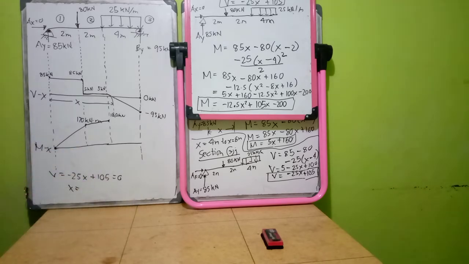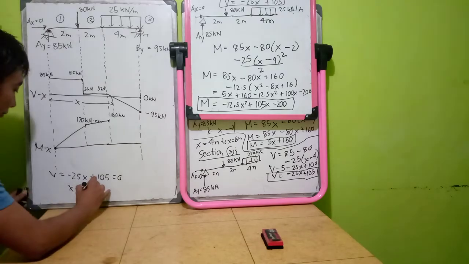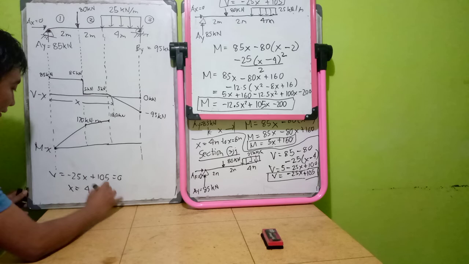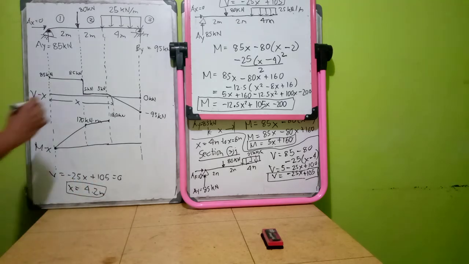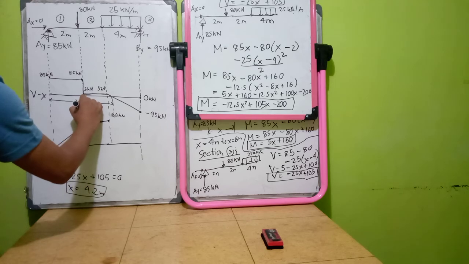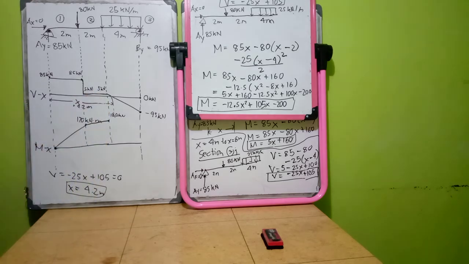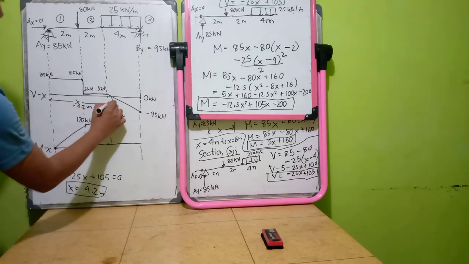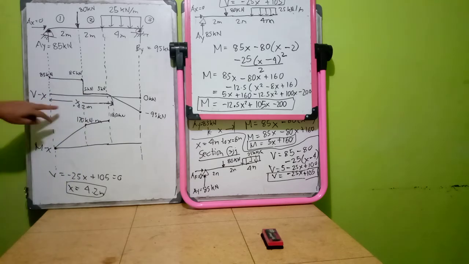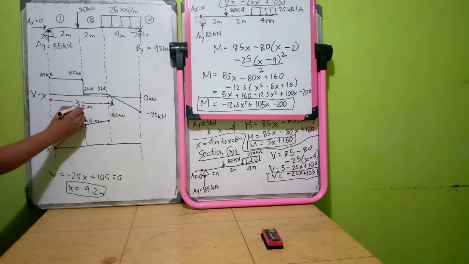Negative 105 divided by negative 25 is how much? 4.2 meters. So this is 4.2 meters here. Okay? So please take note, this is not actually included in your shear and moment diagram.